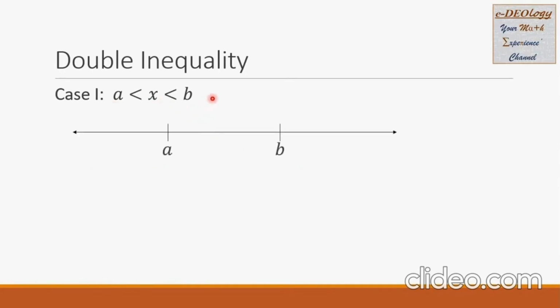If we're going to put this on the number line, first let us draw a number line and put the numbers a and b on it. Make sure that the lower number a is on the left side and the bigger number b is on the right.